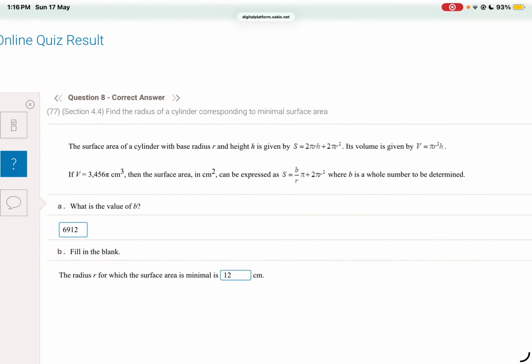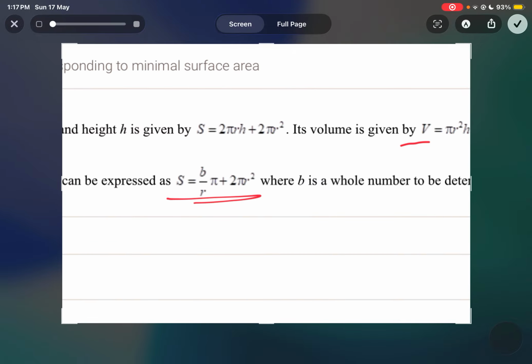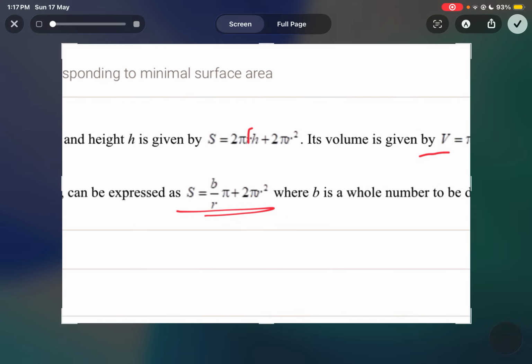Okay, here the surface area of a cylinder with a base radius r and the height h is given by this. And it gives a volume v equal to pi r squared h. So here we can replace this immediately by that, because they want it in terms of r, and they want to get rid of h. So let's find h.